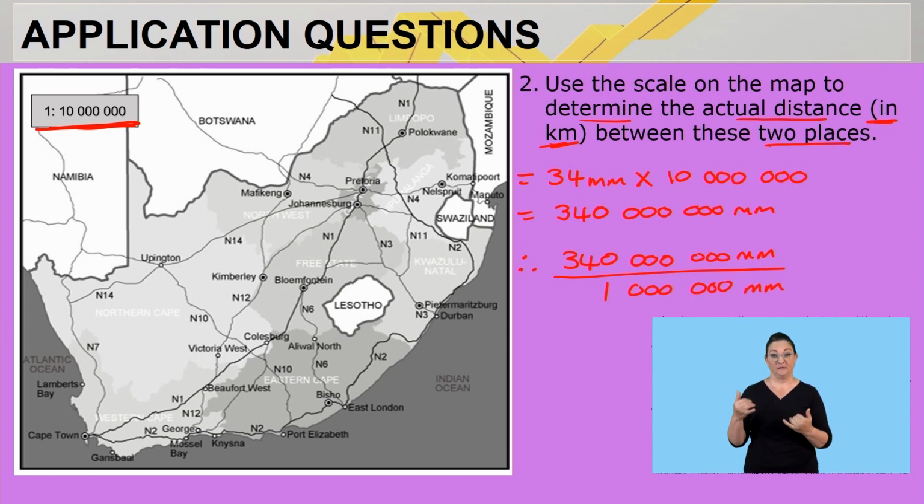Because I'm converting from millimeters to kilometers now. So when I do this, I'm going to quickly leave the calculator here. So that will give me a real life and actual distance of 340 kilometers. You are welcome to check this answer on your calculator. So therefore, the actual distance, the distance in kilometers between these two places equals to 340 kilometers.